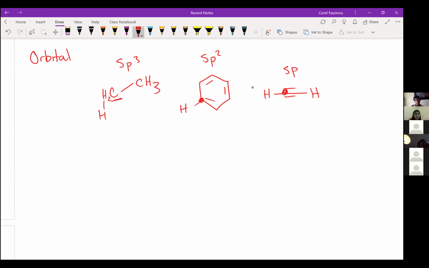And kind of going back to what Brendan was saying, you have greater S character in sp versus sp2 versus sp3. And the more S character you have, the closer you're pulling the electrons to yourself. So when we deprotonate these, we're left with H2C minus CH3.